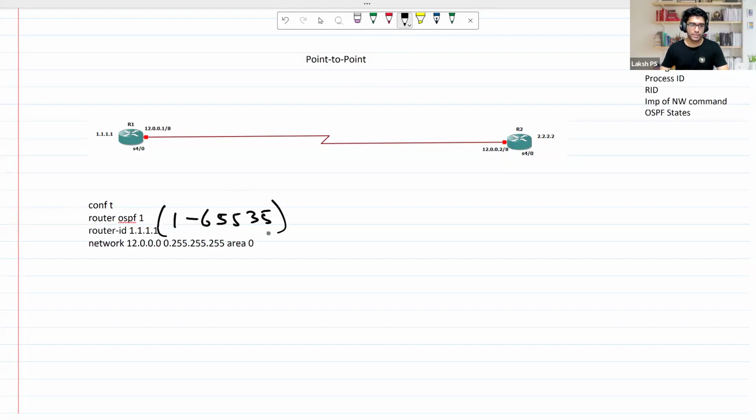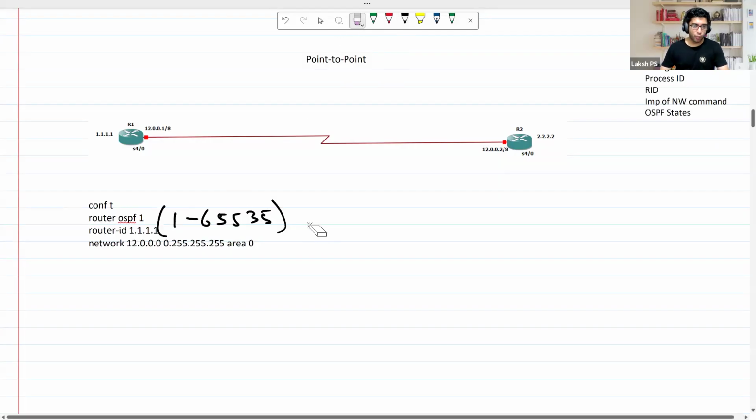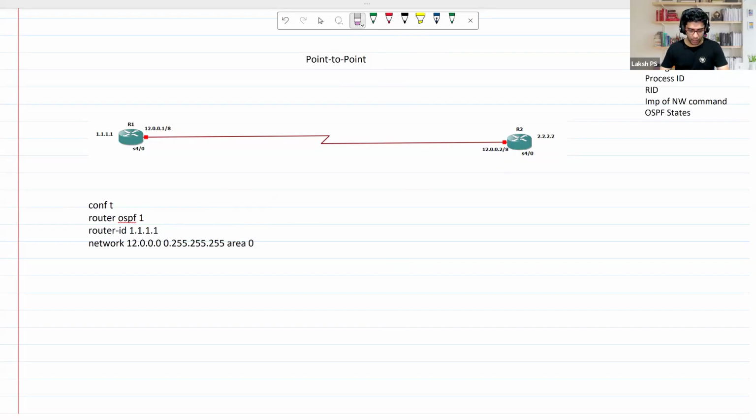But what is the significance of this process ID? So let me visually show you what a process ID looks like.